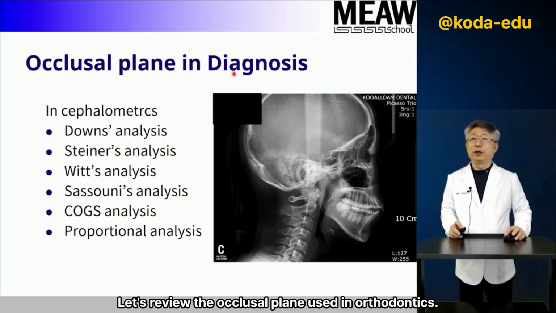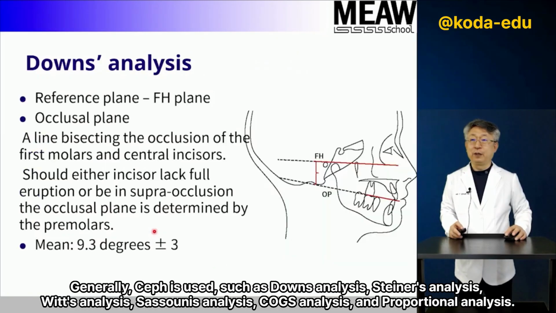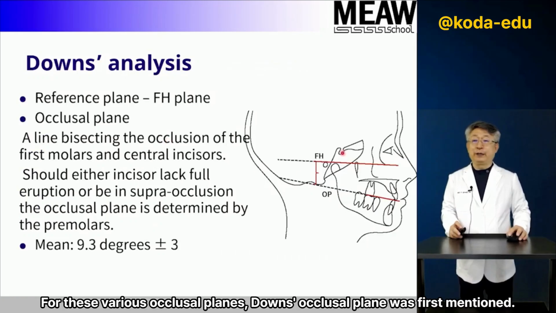Let's review the occlusal plane used in orthodontics. Generally, cephalometric analyses are used, such as Downs analysis, Steiner's analysis, Wits analysis, Sassouni's analysis, COGS analysis, and proportional analysis. For these various occlusal planes, Downs' occlusal plane was first mentioned.